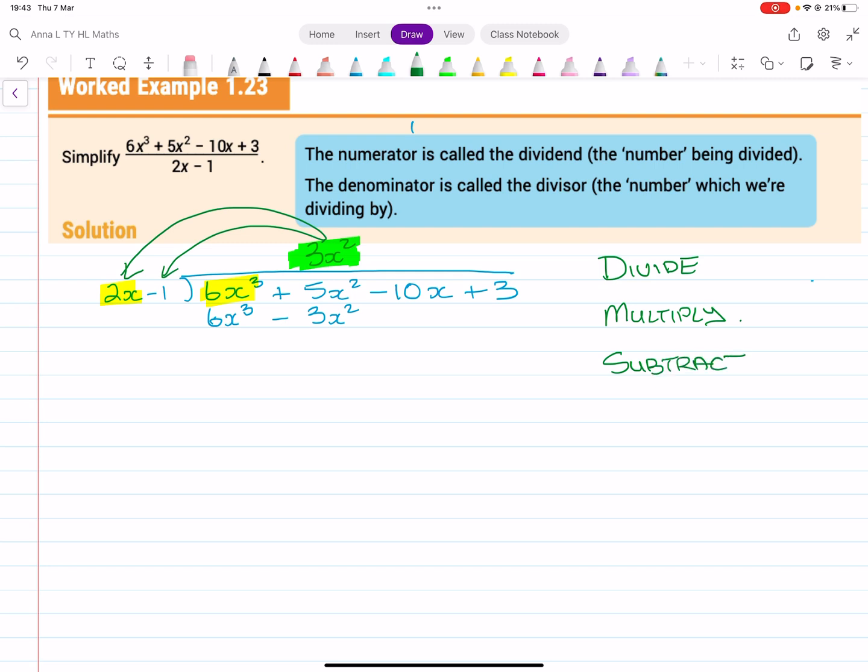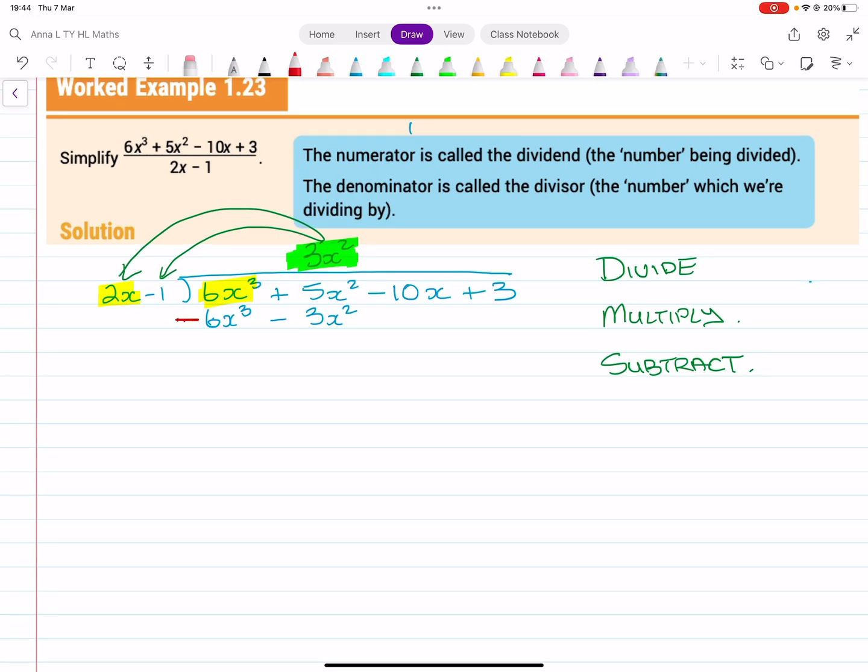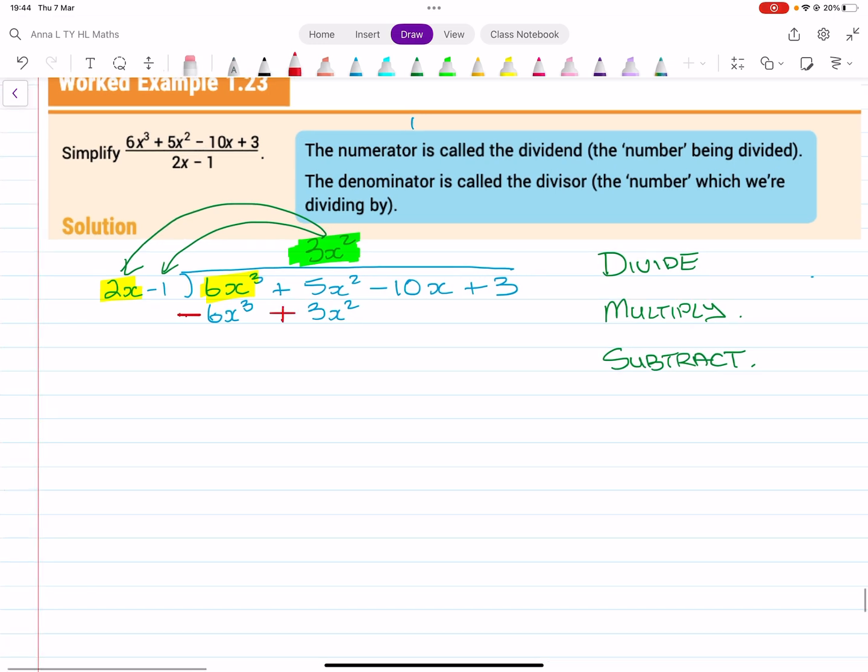Next thing is subtract. So we have to subtract the line, which means this we subtract. The other one is minus minus, so it's actually going to be a plus.